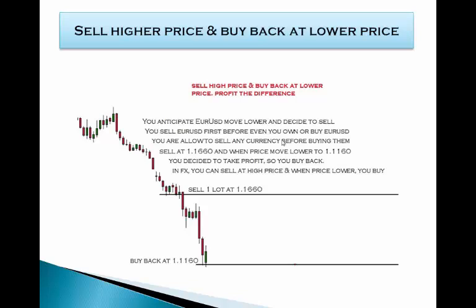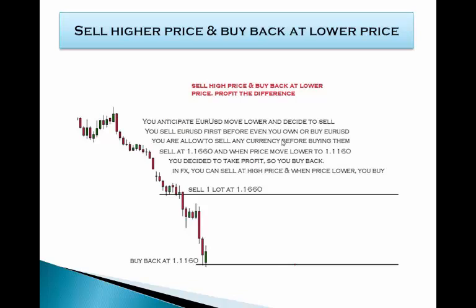If that is going to weaken the value of the euro, you say, okay, I want to sell one lot of euro at the price of 1.1660. Let's say, as you have predicted correctly, the price of euro dollar moved down to 1.1160. So how many pips do you make? 500 pips, right?